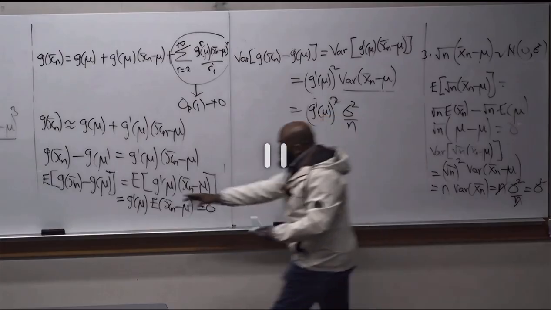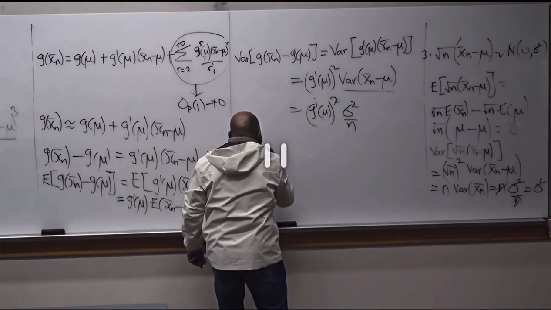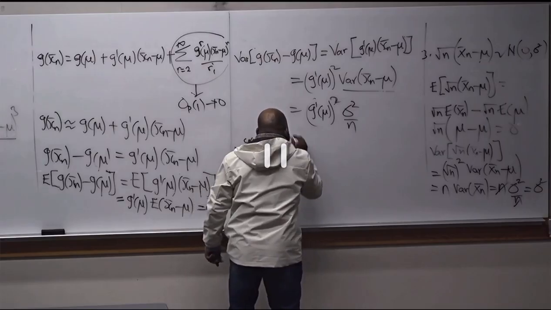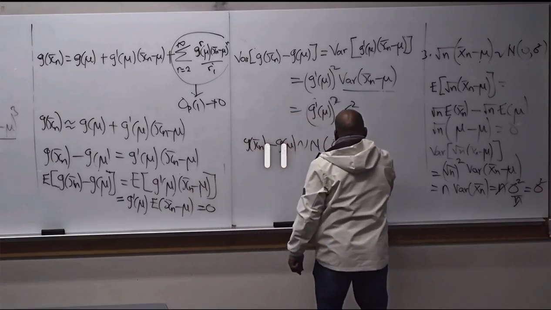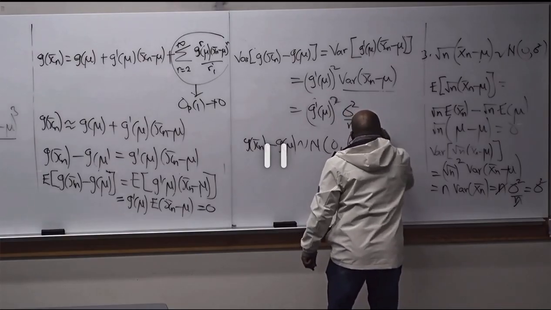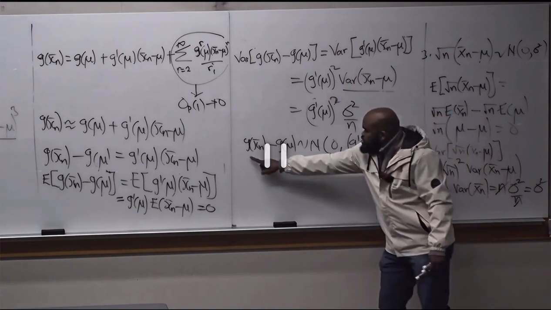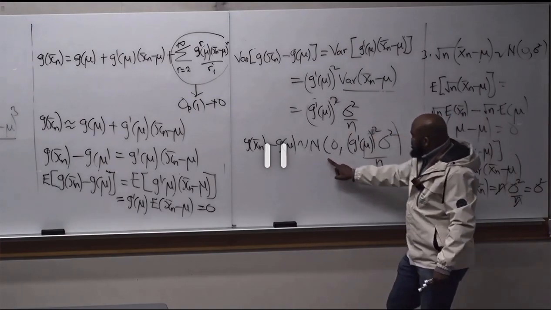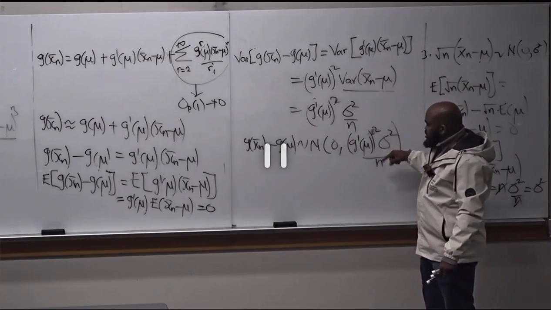If I now want to rewrite, I'm going to say this guy minus this guy, okay, follow normal with the mean of 0, and the variance is this. Can you see that? That's my conclusion. This follow normal distribution with the mean of that and the variance that. Can you see that?